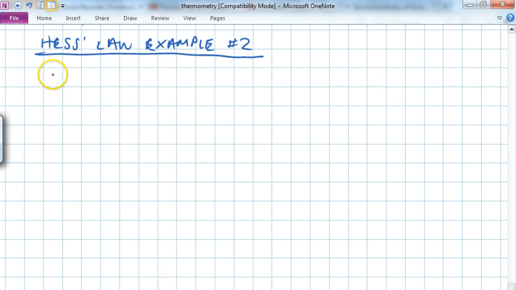Okay, this problem says, given the following two reactions and enthalpy data, calculate the enthalpy change for the reaction in which methane and oxygen combine to form CH2CO and water. So let's look at the reactions.